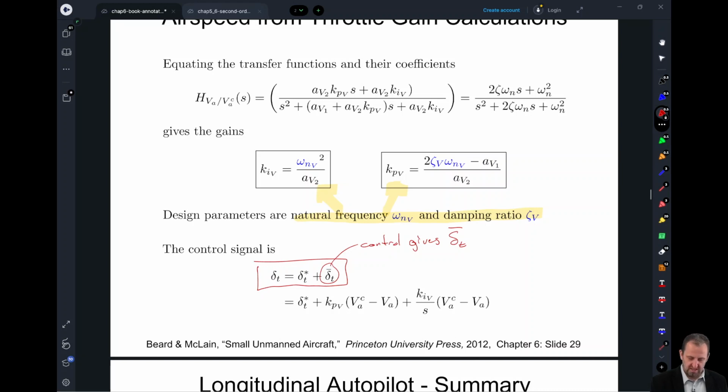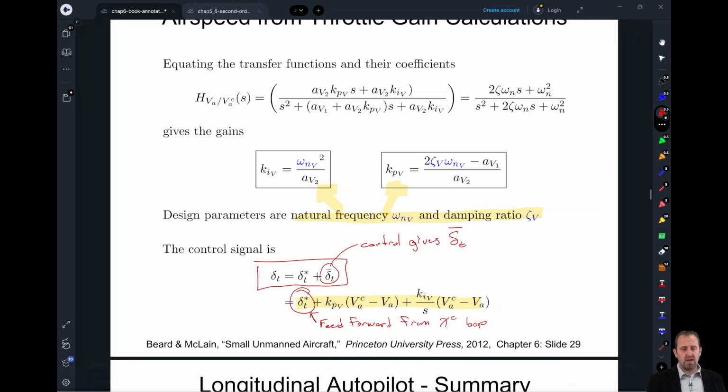So this is going to end up being your actual control law, where our nominal term shows up. That's basically like our feed forward term from before, I guess it was from the course angle command loop.